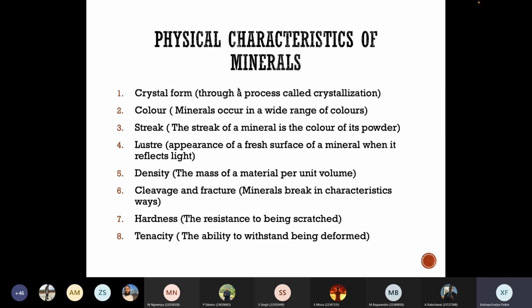So when you are out there and you see a rock, or in this case we refer to it as a mineral, because these rocks are formed from minerals. In terms of the physical characteristics, things that you can look at to identify these minerals, these are the 8 things that they look at.